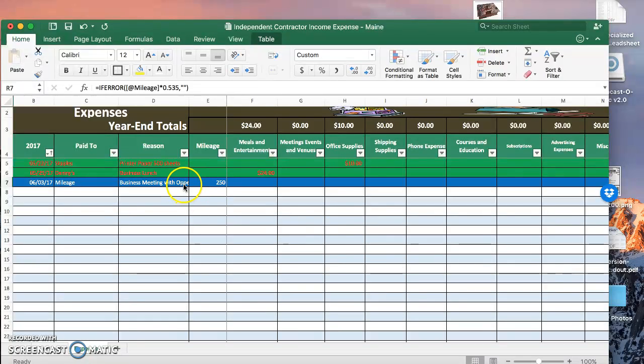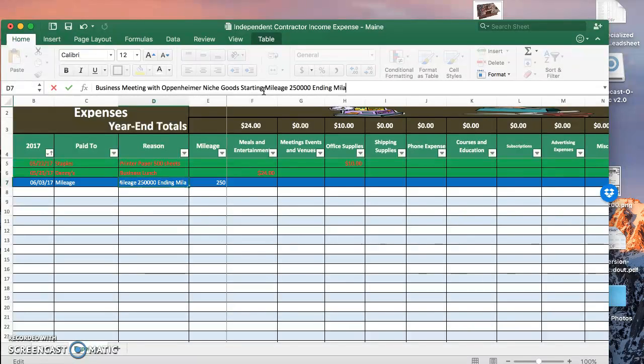You could even probably put it in the reasons, and you could put starting mileage was 250,000, ending mileage was 250,000 and 250.